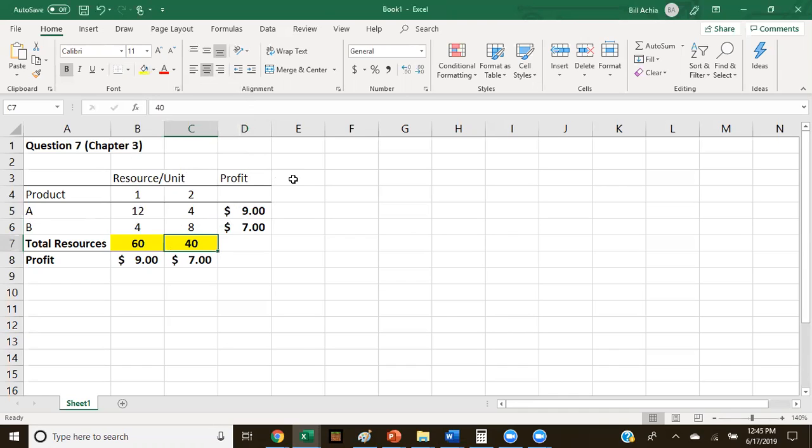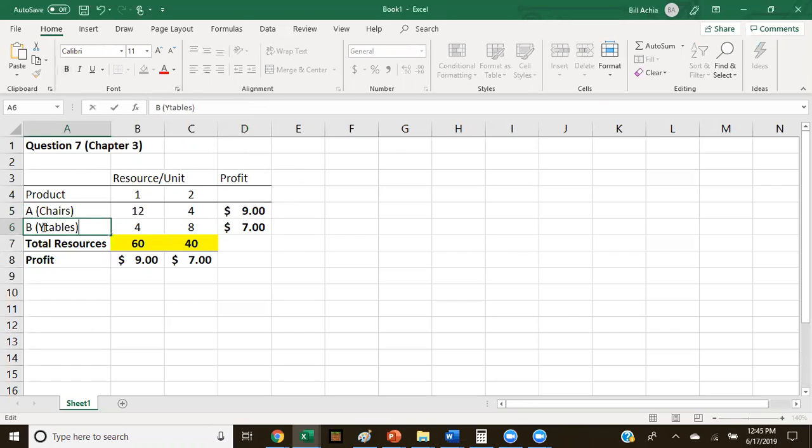Okay, and just so that this becomes slightly more clear, let's use an example here where we're talking of a company that manufactures chairs, but manufactures both chairs and tables. So let's assume that our product A is chairs and our product B is tables.